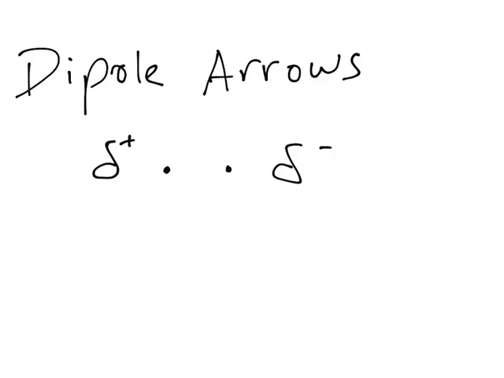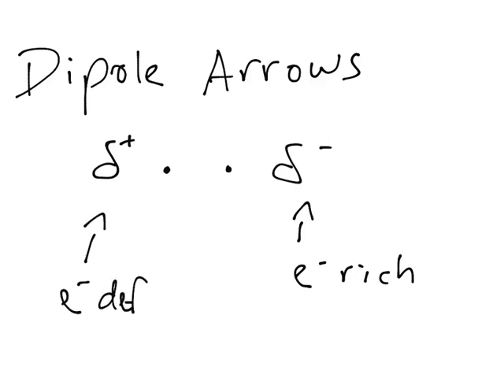That just means that this is electron rich, this is electron deficient. So one atom is electron rich, one atom is electron deficient, and the arrow will point from the electron deficient towards the electron rich.